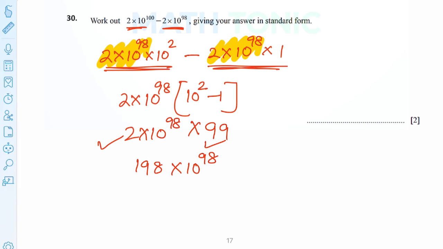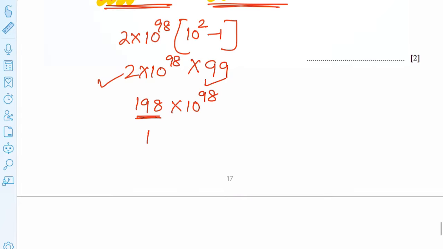Got it? But we know that in standard form, this term should be less than 10. That means I try to make it 1.98. It's not working, I don't know why.